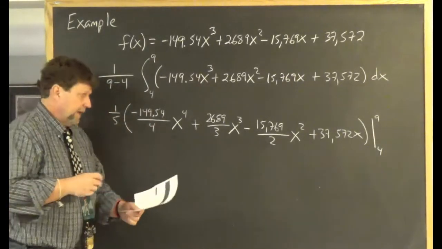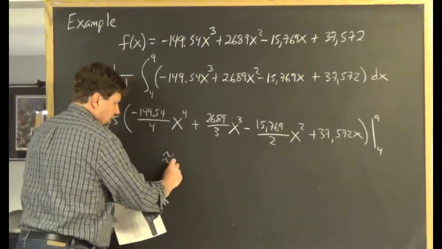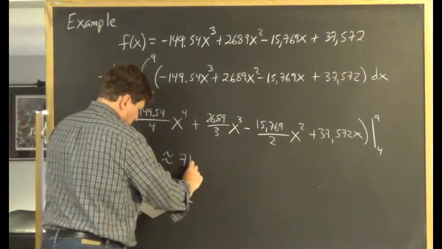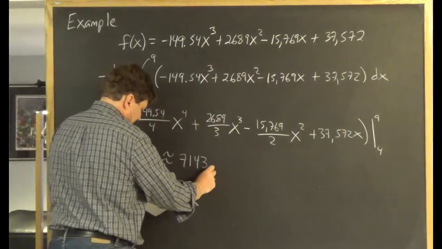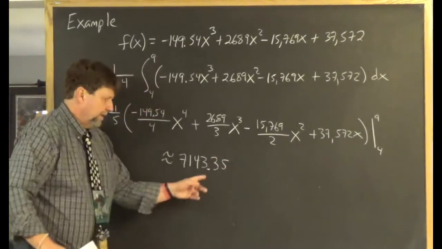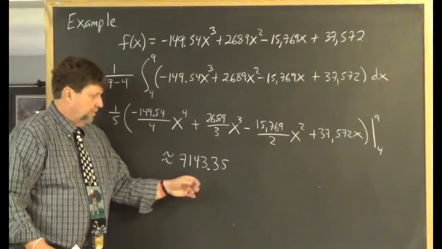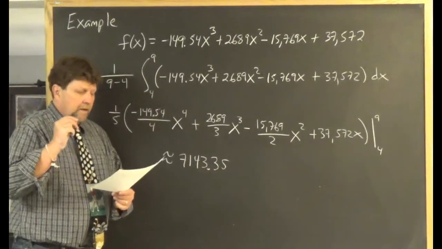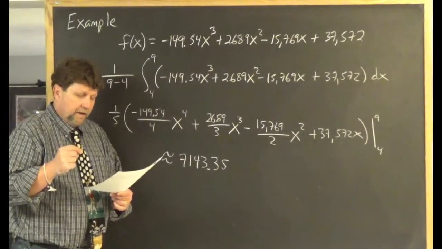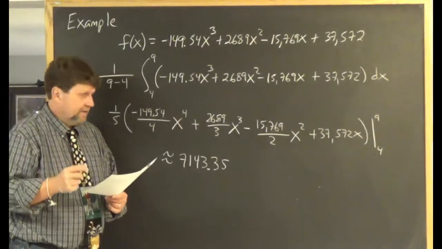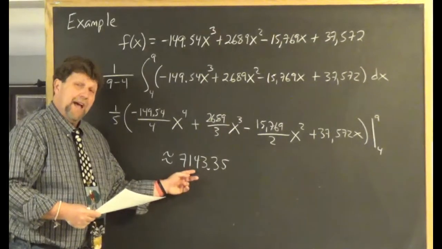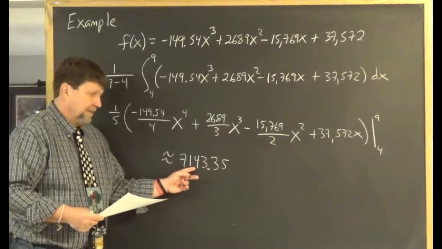If you do it correctly, you're going to get somewhere close to 7143, and I should have probably carried it out a couple more decimal places, but I rounded it at 0.35. So what's the average number of 60 kilo bags that were exported from 2004 to 2009? Keep in mind the problem said this number is in thousands.